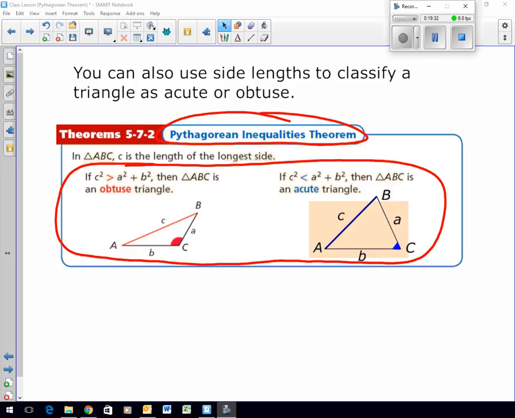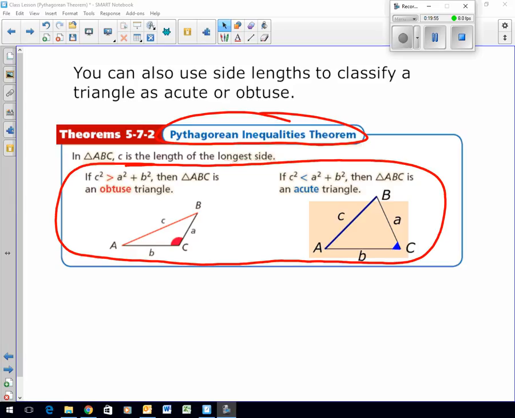If they were flipped, if the sum of the squared values of the legs is greater than the hypotenuse squared, I've got an acute triangle. What if they're equal? Yes, I have a right triangle.